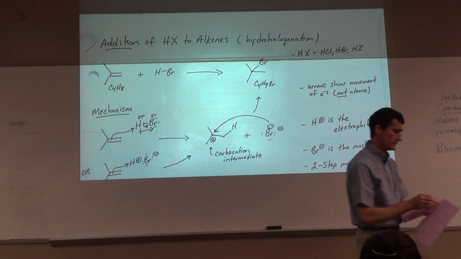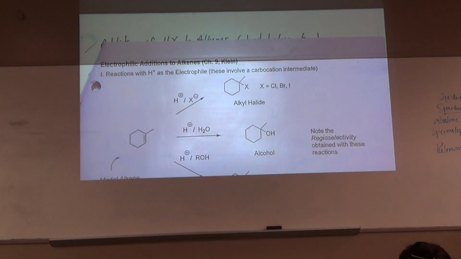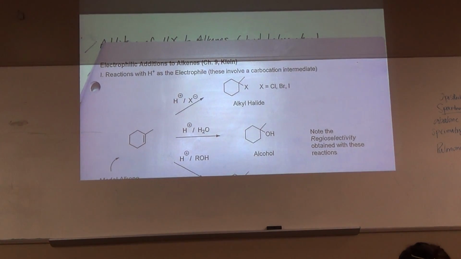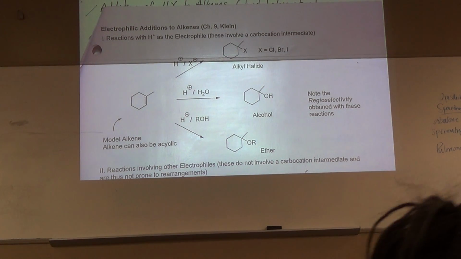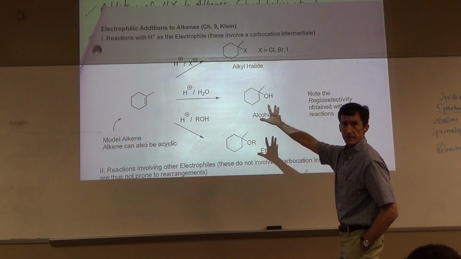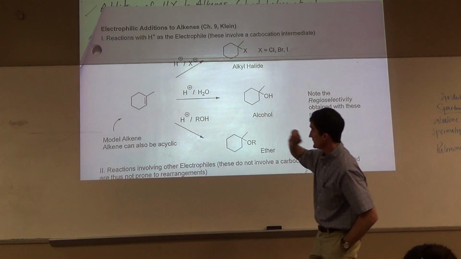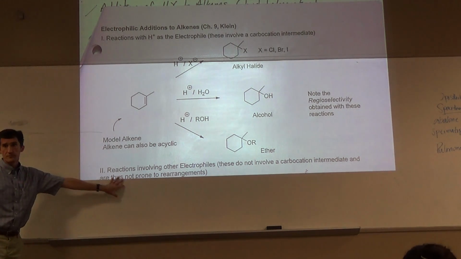The purple handout shows our reactions. Roman numeral 1, second page, purple handout. These are the first reactions we'll look at. Then we'll move to Roman numeral 2.